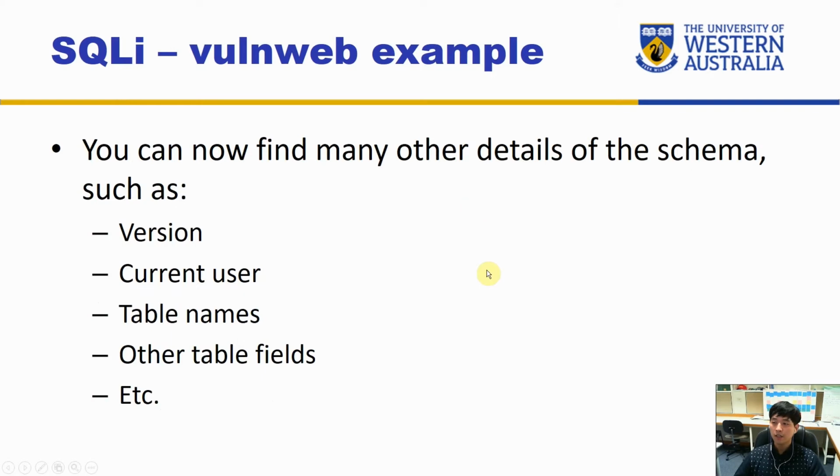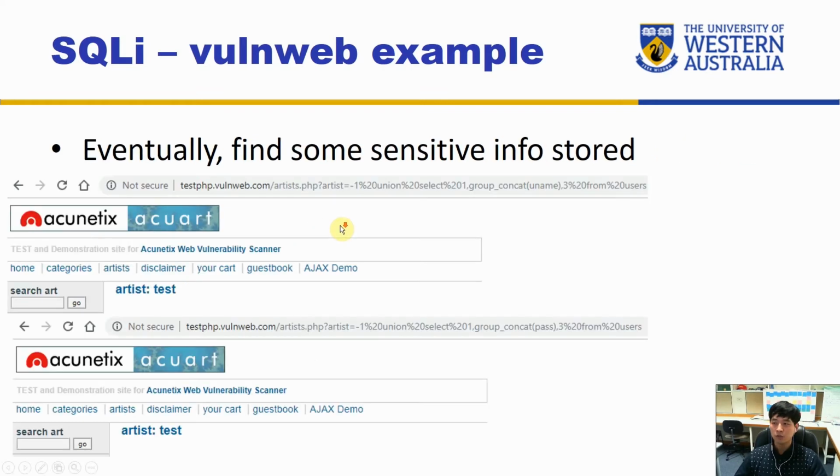From this point, you can start recovering information about the database, the schema, what the contents are like, and so forth. Here we can discover things like version, user, table names, other table fields, and eventually some sensitive info stored in them.